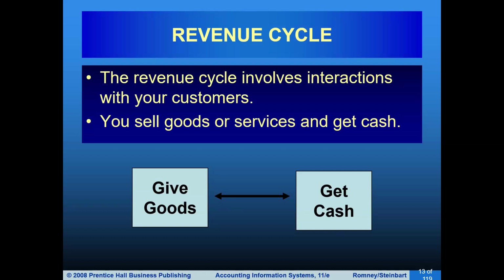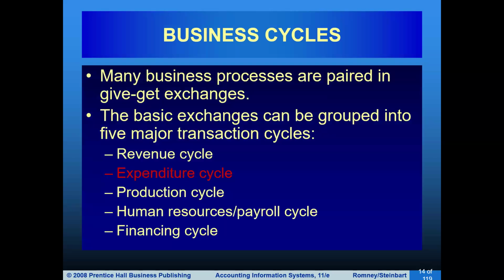You give goods, you get cash. The give-get relationship is common for each and every cycle which I mentioned in previous slides. Revenue cycle is connected with the customer. You give the goods to the customer and you get the cash from the customer.